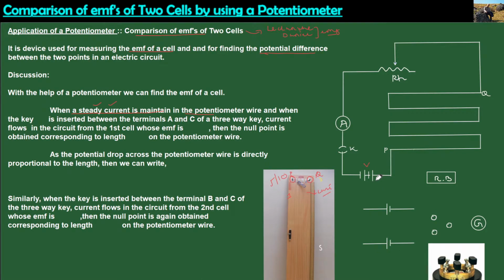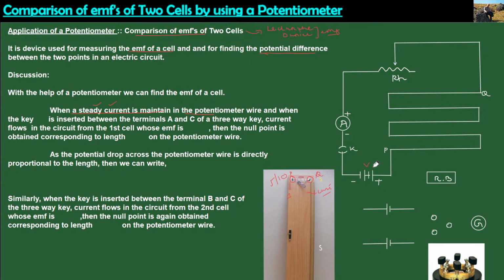This is the positive potential of the battery and this is the negative potential. The ammeter is a device which helps us measure the amount of current flowing in an electric circuit.